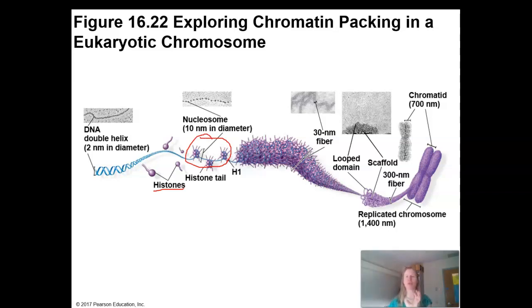There's some exposed DNA there. Loosely packed chromatin is called euchromatin, EU chromatin. Tightly packed chromatin, like what we see over here, super coiled up, is called heterochromatin.